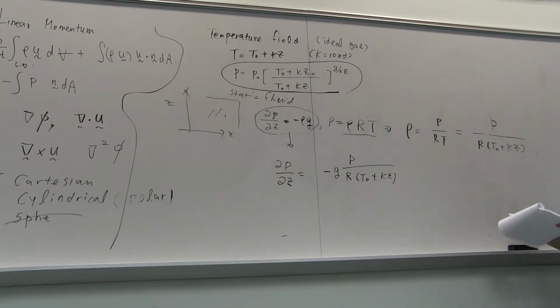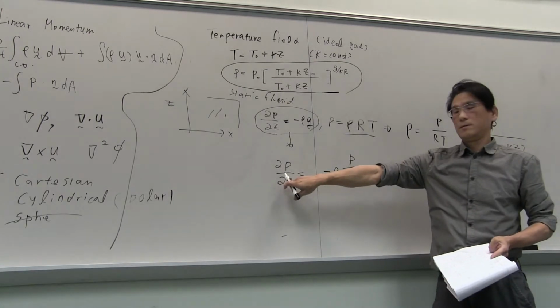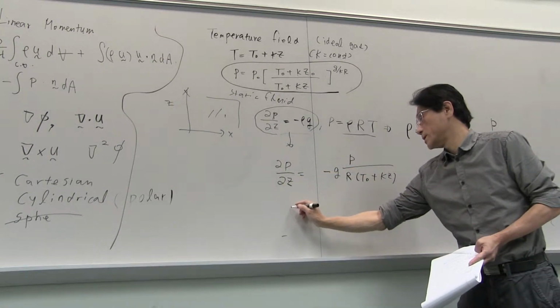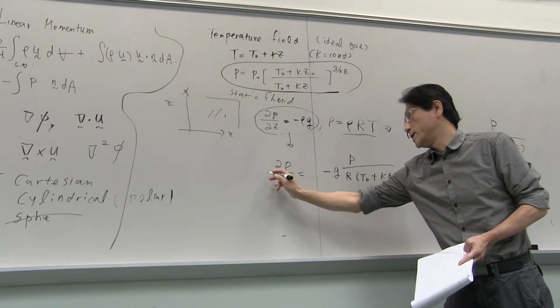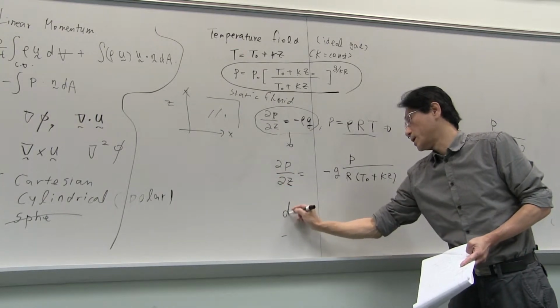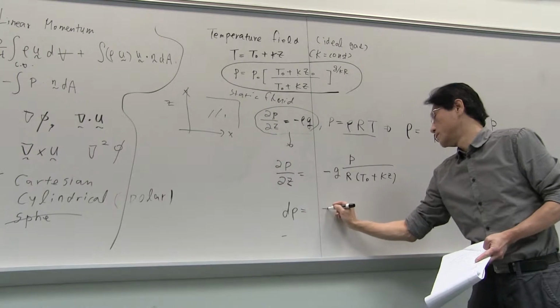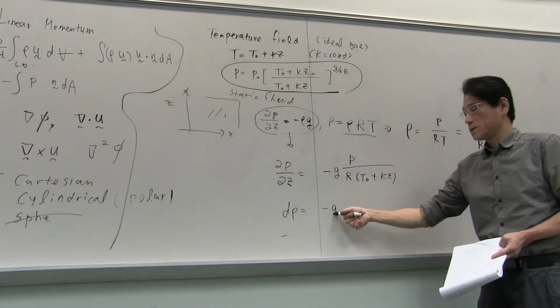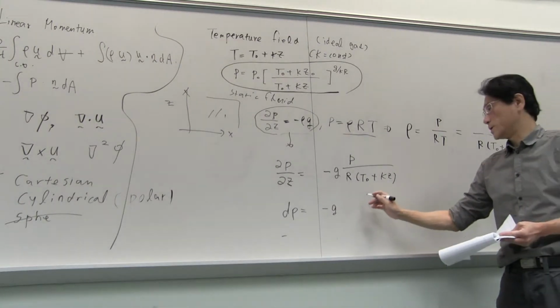Now I'm going to move this dz to the right-hand side. You multiply by dz, so it ends up being dP equals minus g. g is constant, so I'm going to take this out of the integral later on.